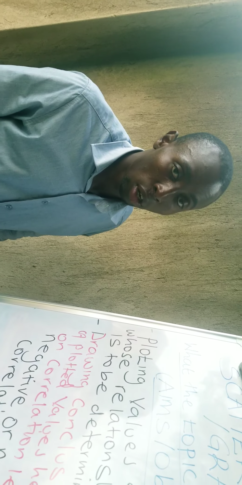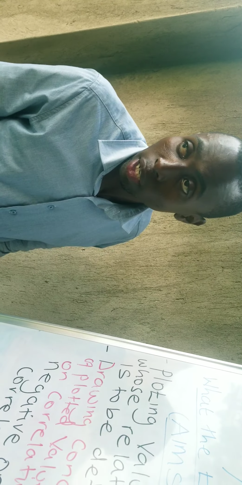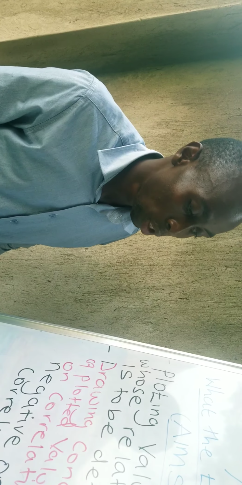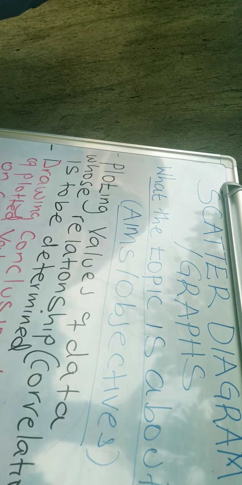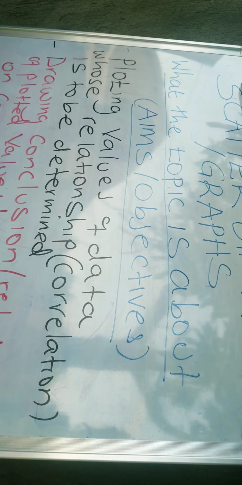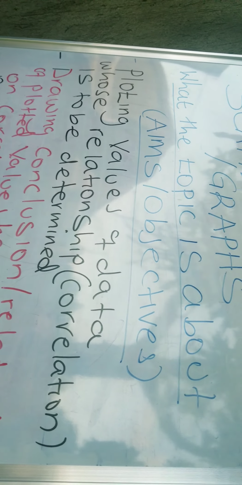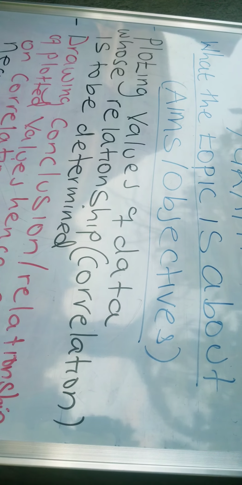From the graph we shall be able to draw a conclusion. So the purpose of drawing what we call a scatter diagram is simply a graph. However, in this topic we are plotting values of data whose relationship, like in the previous video, we determined. We either said there was a high positive or a low negative correlation.